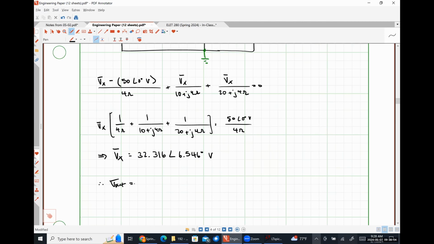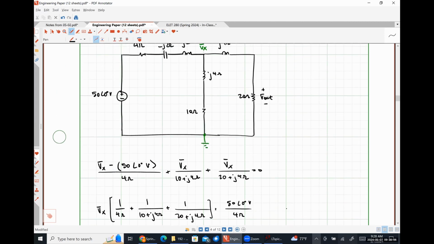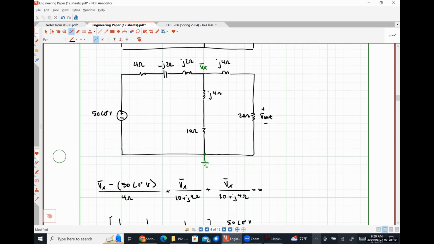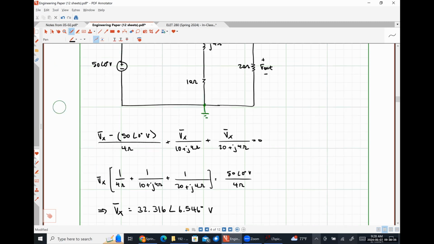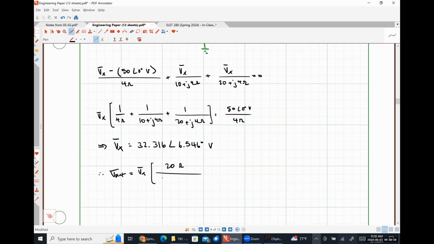Now, how would I solve for V out, knowing what Vx is? Voltage division, sure. So V out would just be Vx times 20 ohms divided by 20 plus j4 ohms.